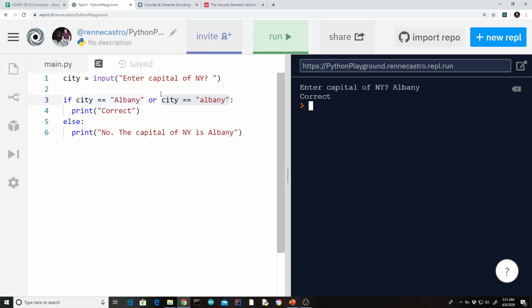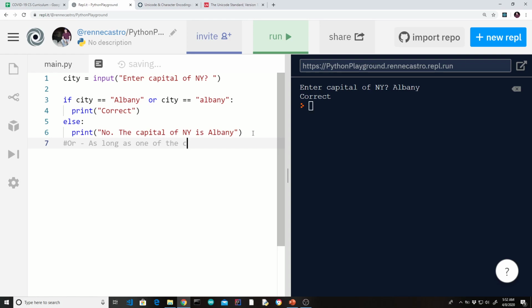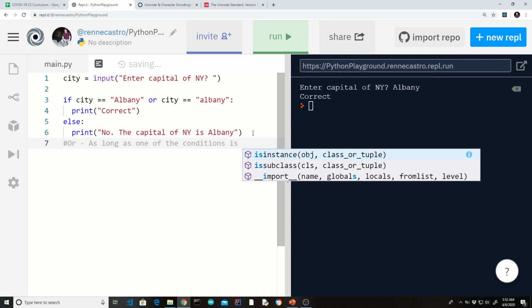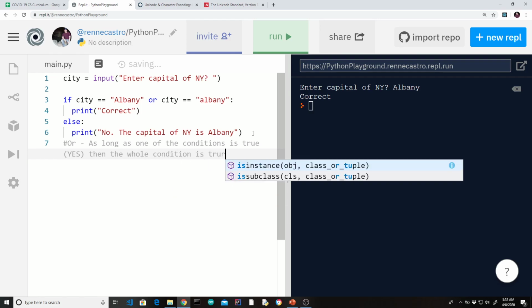So the way the or statement works, and actually, I'm going to do this as a comment: or, as long as one of the conditions is true, yes, then the whole condition is true.